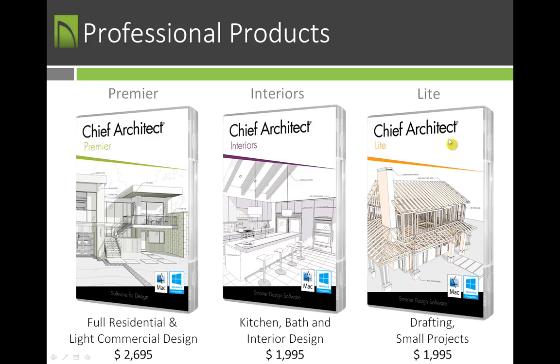Light is a light drafting program, so it doesn't have a lot of the high-end 3D rendering, nor does it have the kitchen cabinet options that Interiors and Premier have. But it does have everything like framing and plan set creation. And Premier is our top-of-the-line program. It contains all of the features of Interiors and Light plus more. So it's our full residential design program.